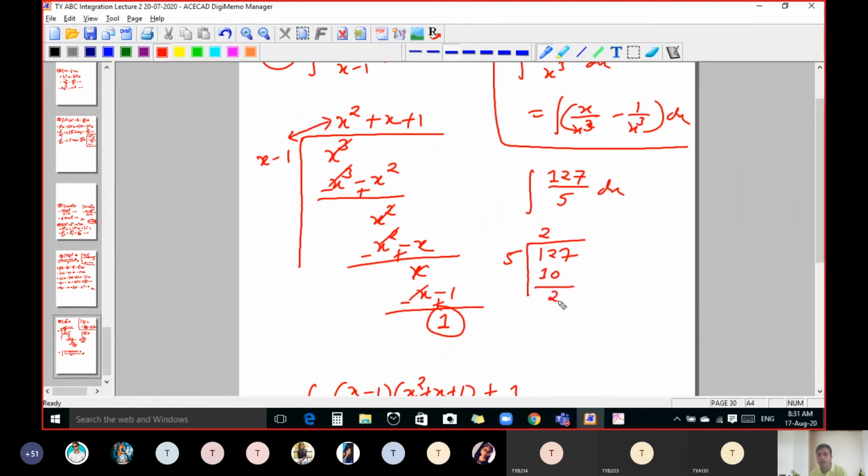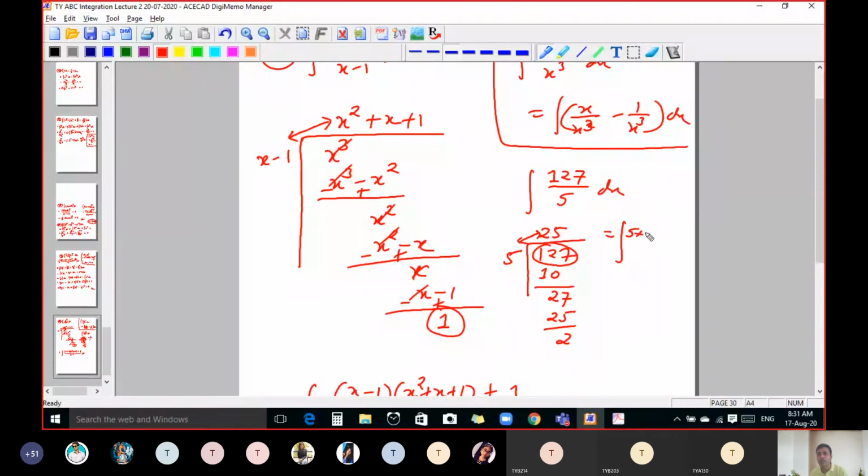Here we get 2 and we keep this 7 here. Now 5 5s are 25, so we write this 25 here. Once again subtract this, and we get 2.